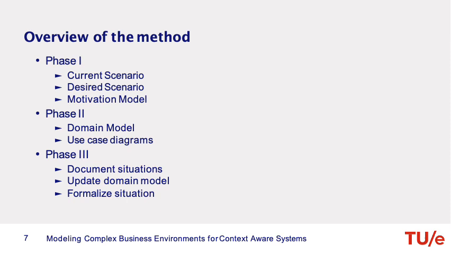Phase 2 consists of two activities. They are creating a domain model and based on it, use case diagrams. Phase 3 builds upon Phase 2 and documents situations of interest based on the use case diagrams. Then these situations are formalized.